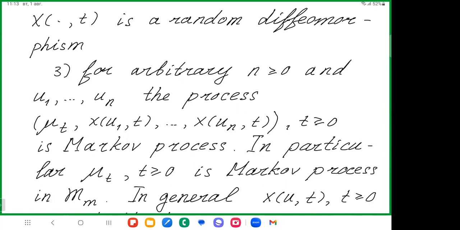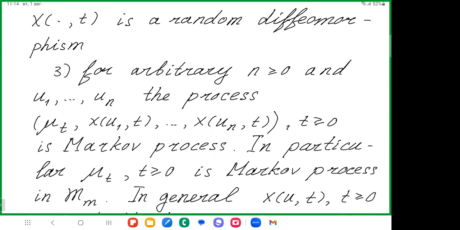Maybe one of the well-known models is the Fleming-Viot processes related to population genetics. But in our case, we construct the class of Markov measure-valued processes related to the motion on the initial phase space. Even more, we have seen that during this motion, due to property 2, that X is a random diffeomorphism, particles cannot jump, cannot split into two particles or turn into clouds. They have to move like solid particles.